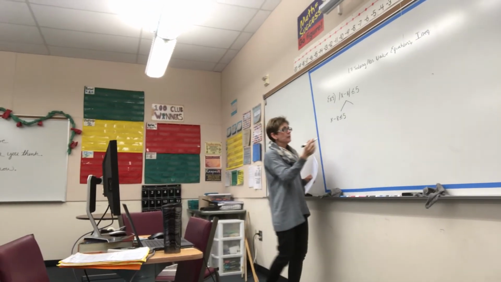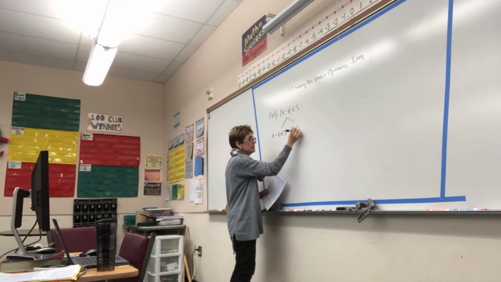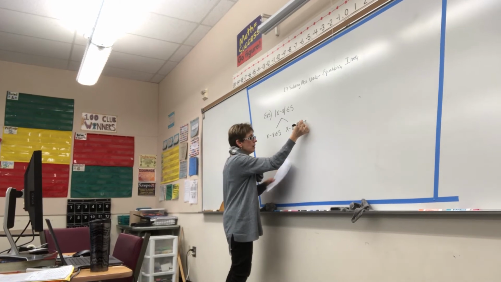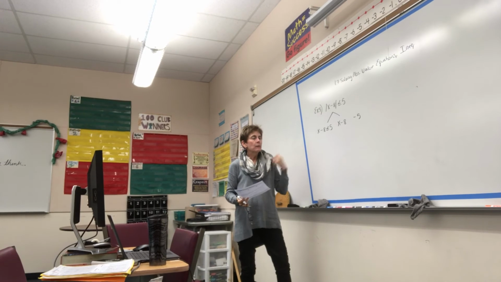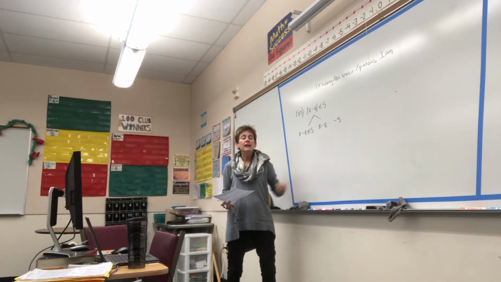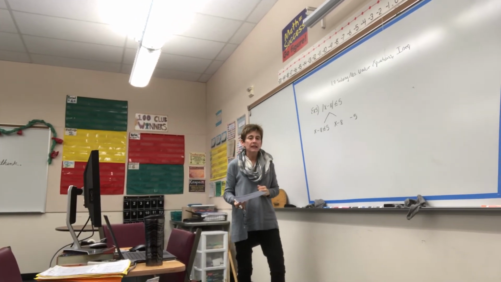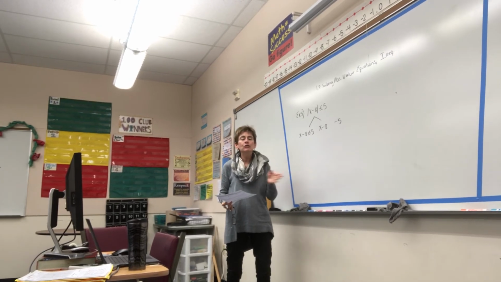Now this is the hard part. The other possibility is that x minus 8 is what? What symbol would I need to be compared to -5? Would I want to be less than or equal to -5 or more than or equal to -5 if I want to be closer to 0?